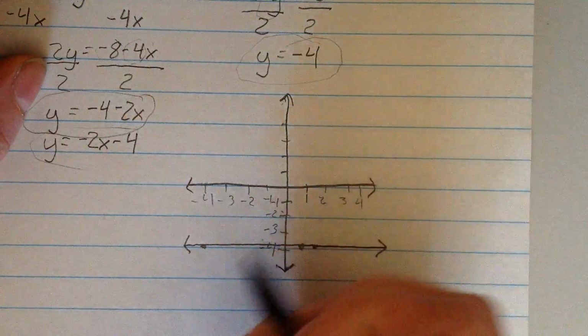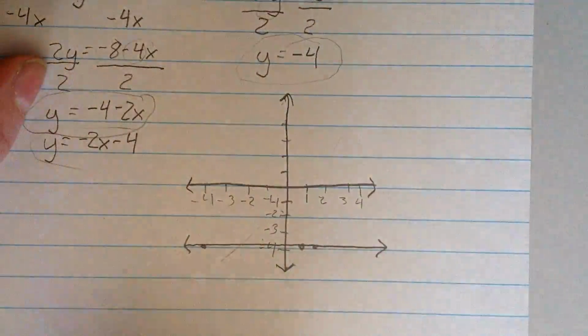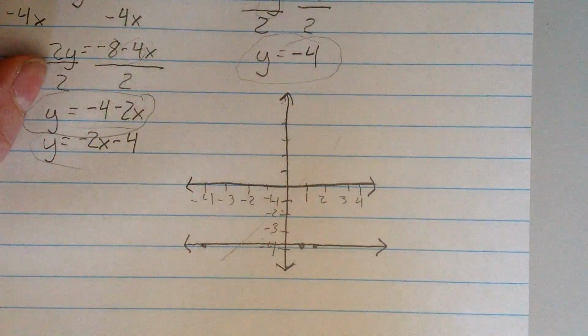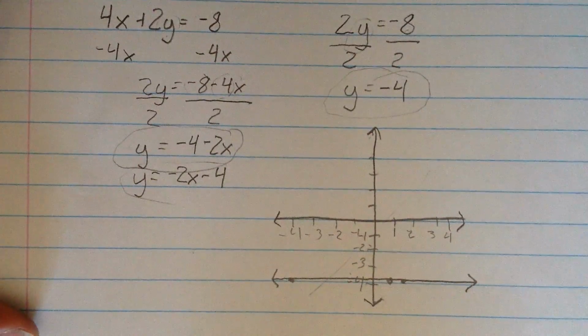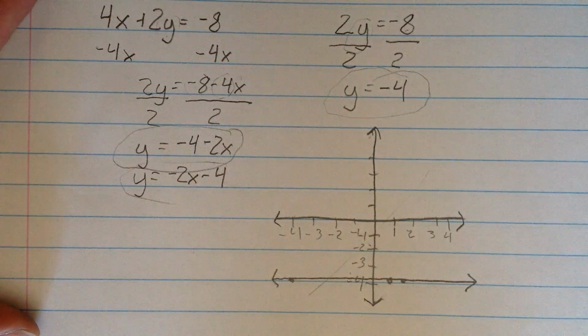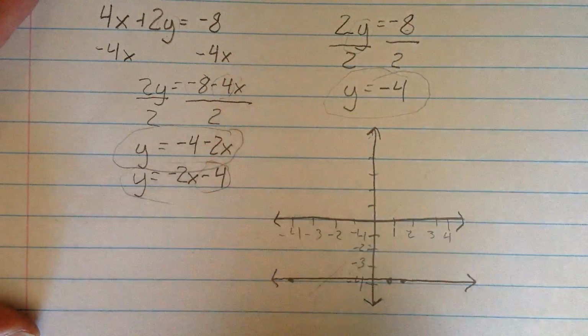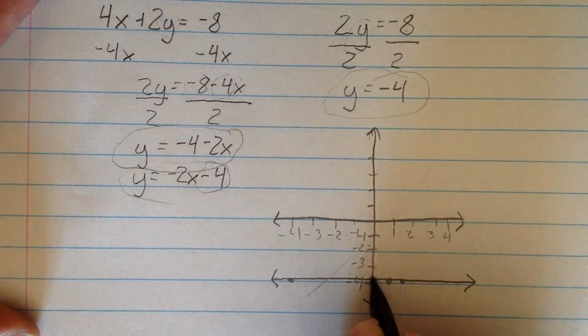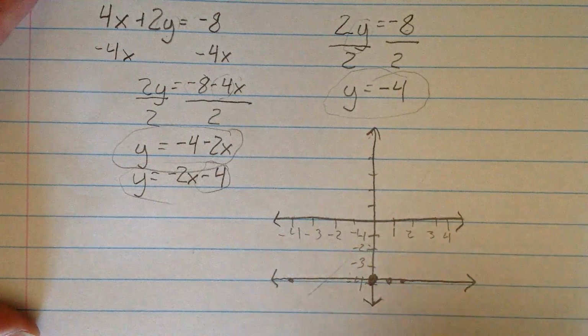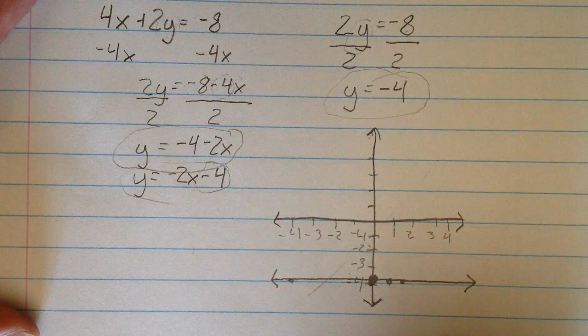So even though this isn't a line with a slope, it's still a line. It's still a linear relationship. And I could even graph these two relationships to figure out where they would cross. Right? So here's my y equals -2x minus 4, and I know that that -4 is going to relate to my y-intercept. I have a pretty good hunch where they're going to cross, and my slope is -2x.